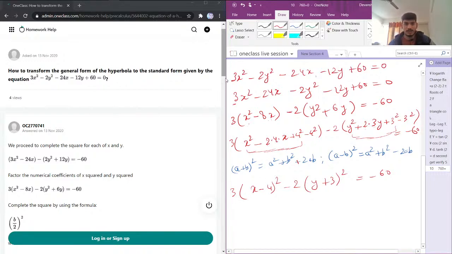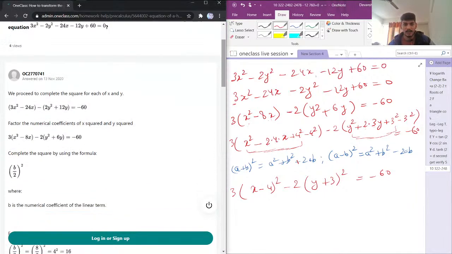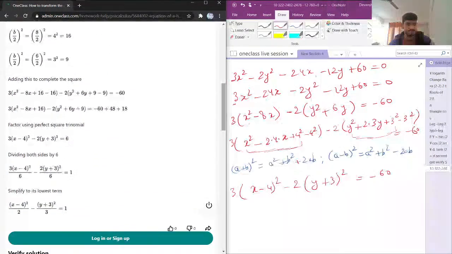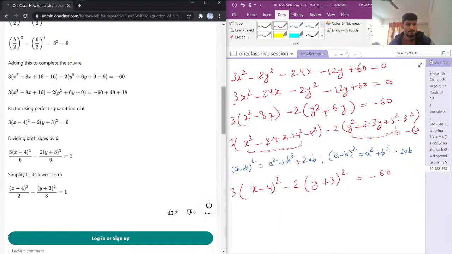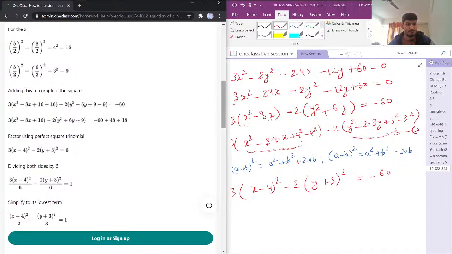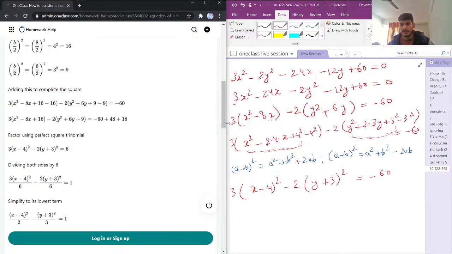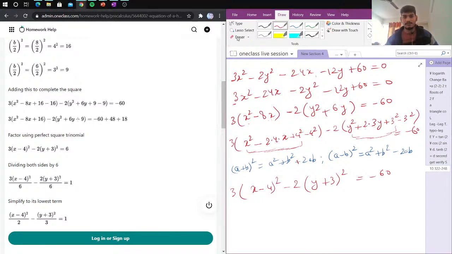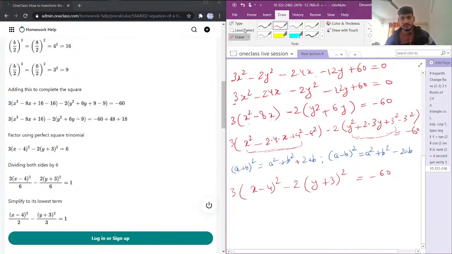Now for the general form, we need 1 on this side, so we'll divide everything. Okay, I left a few terms here. Here I had 4 square also. I will just erase.